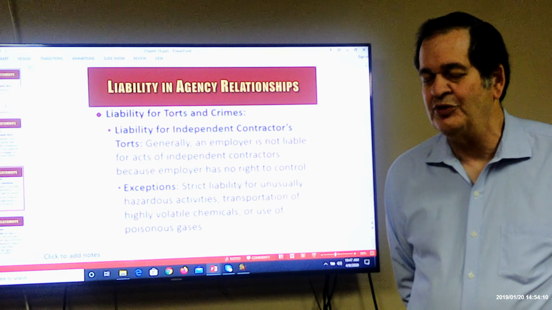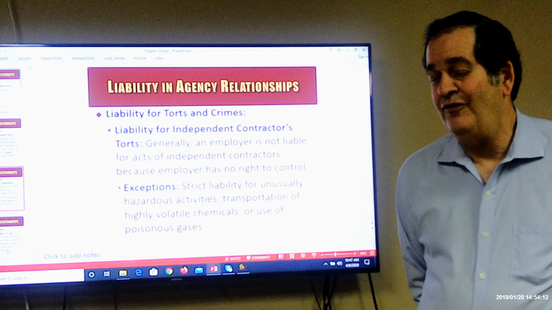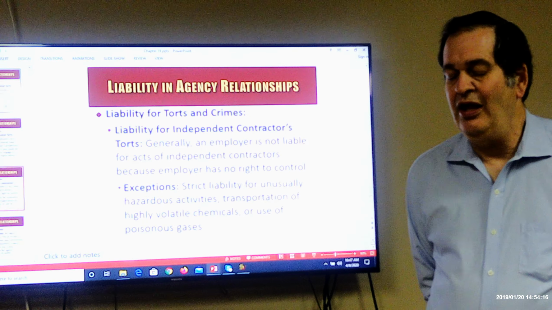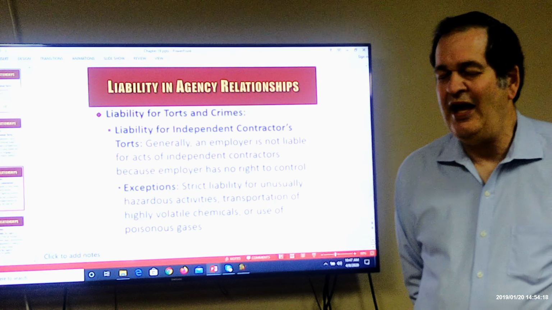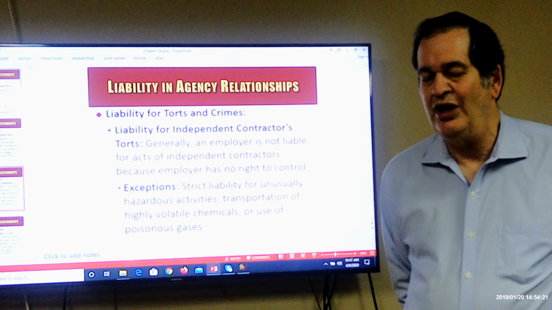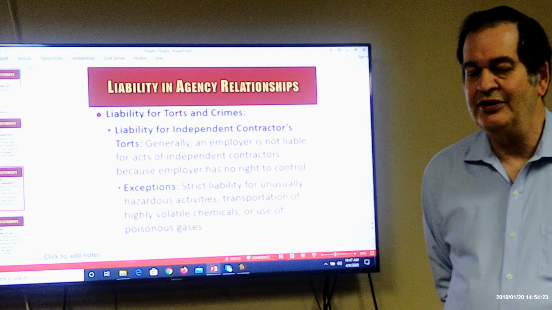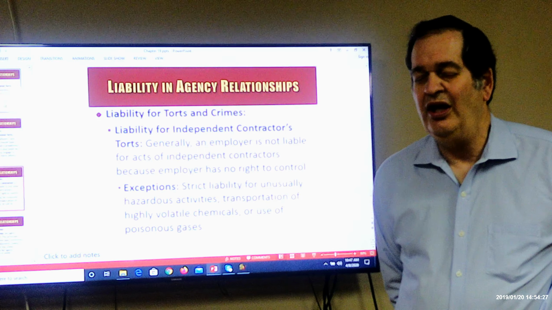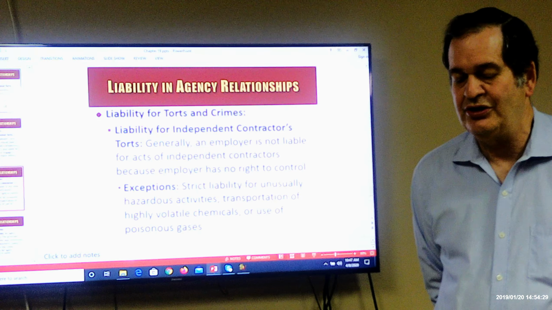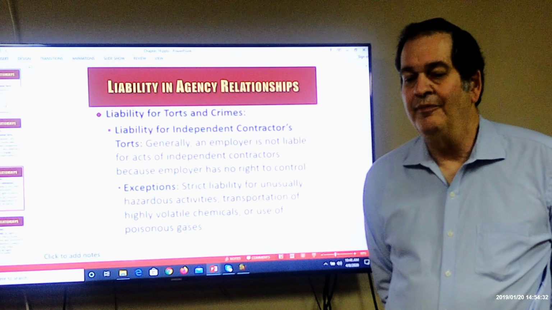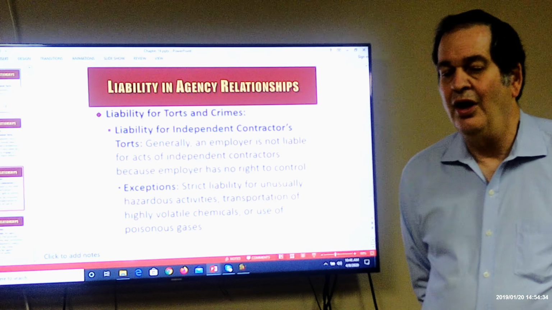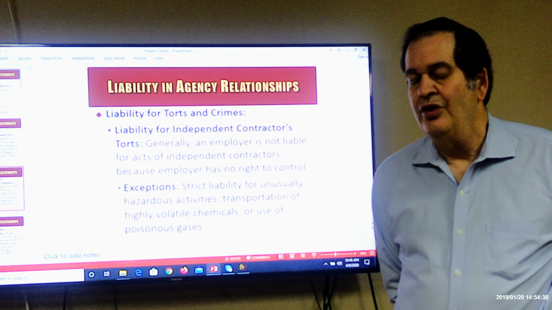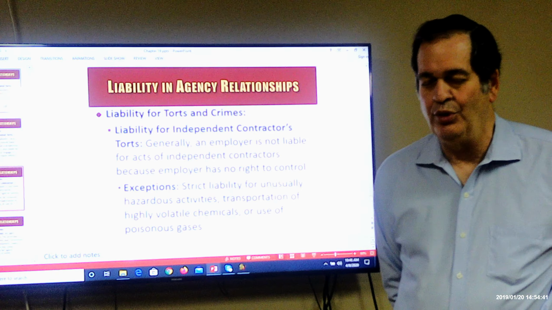Let me be a little bit more specific as to how it affects people, and they sometimes don't know it. When you're working as an employee, your employer pays to the Social Security Administration 13% of what you're earning. Half of that is paid by you. The other half is paid by the employer.